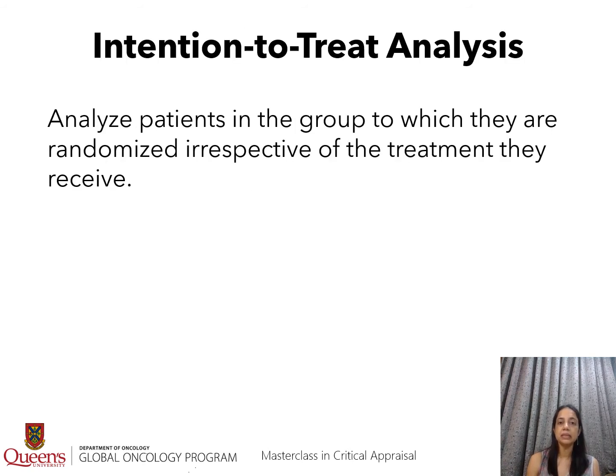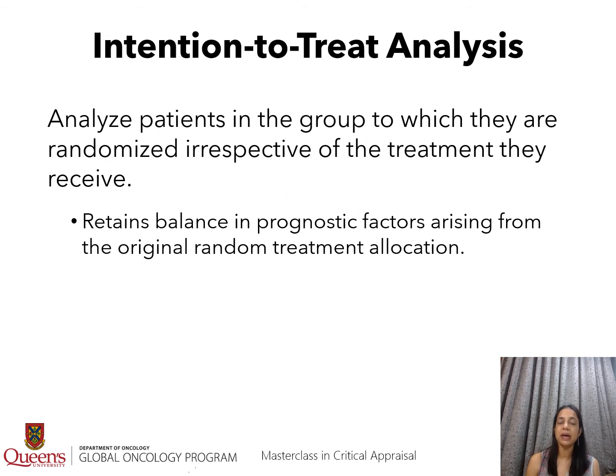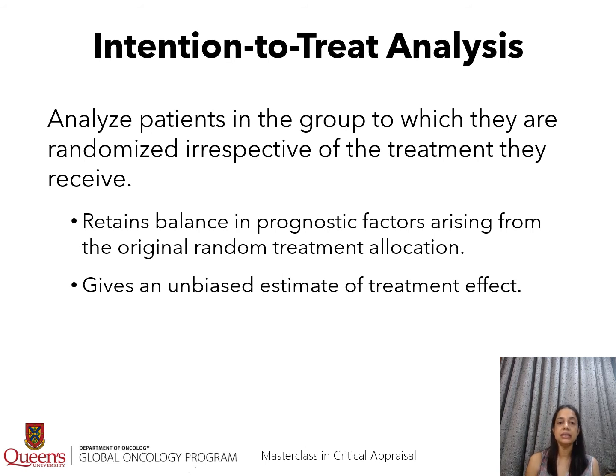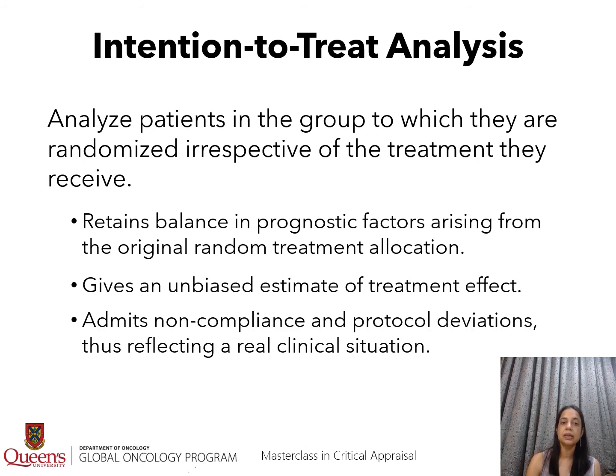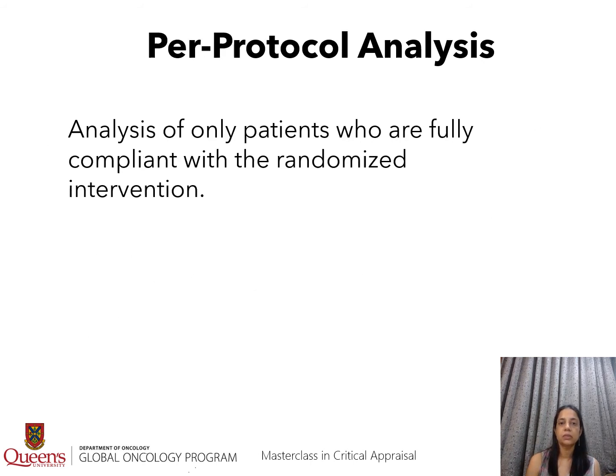To bypass this, we use the intention to treat analysis, in which we analyze patients in the group to which they are randomized, irrespective of the treatment they receive. This retains the balance in prognostic factors arising from the original randomization. It gives an unbiased estimate of treatment effect and admits non-compliance and protocol deviations reflecting a real-life situation.